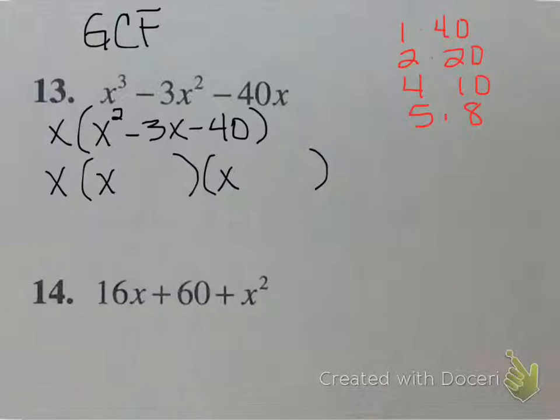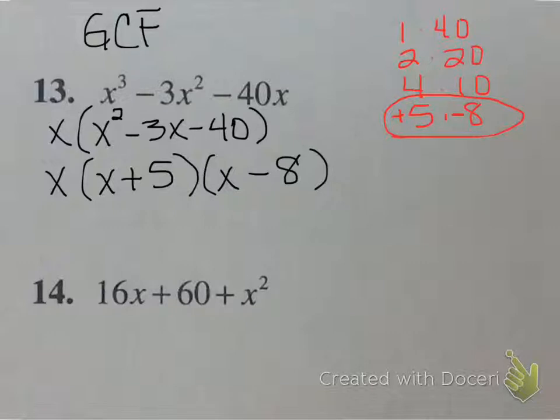To get a negative 3, the only pair that's going to work is the 5 and the 8. I'm going to need a minus 3, which tells me my negative will be on the 8, and my 5 will be the positive. So when I come over into my problem, I'm going to have a positive 5 and a minus 8.